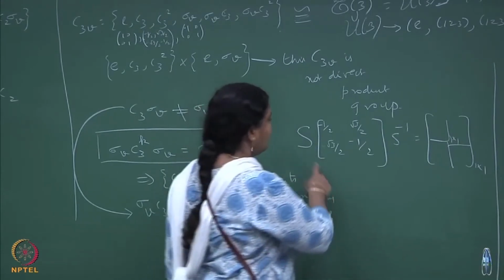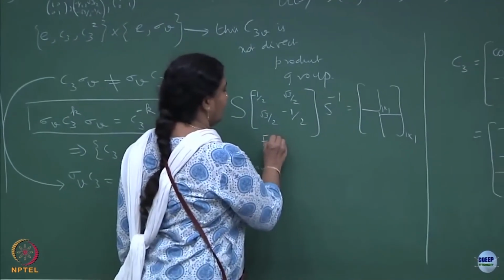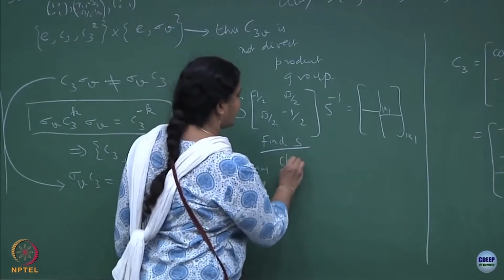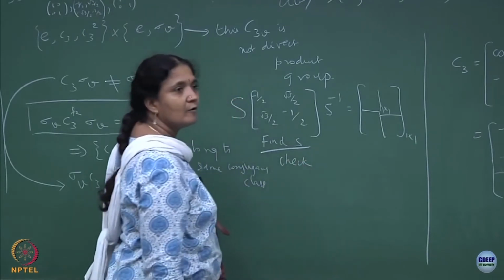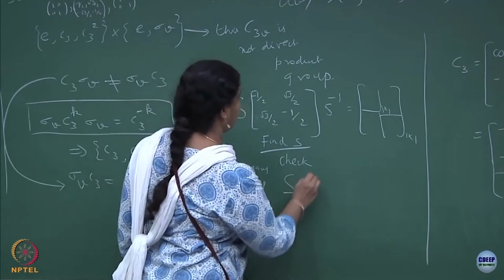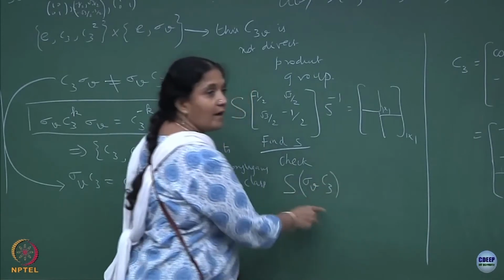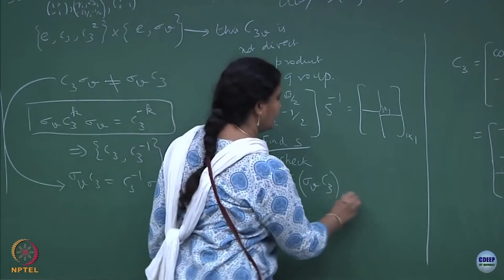Okay. If suppose you find the S, then check S sigma V C3 S inverse. I am not writing the matrix, you write the 2 cross 2 matrix here.